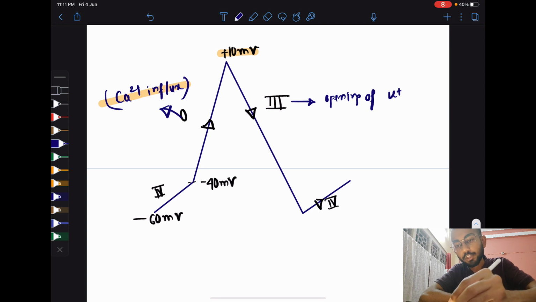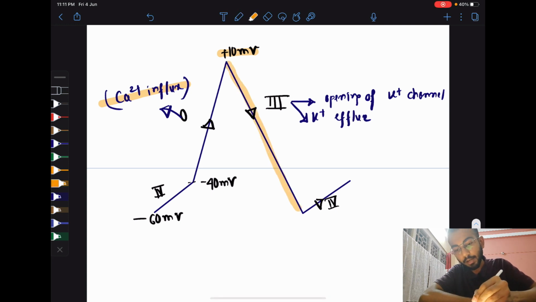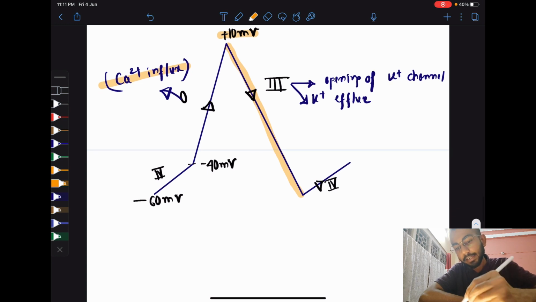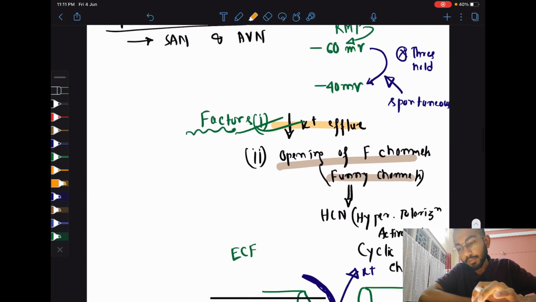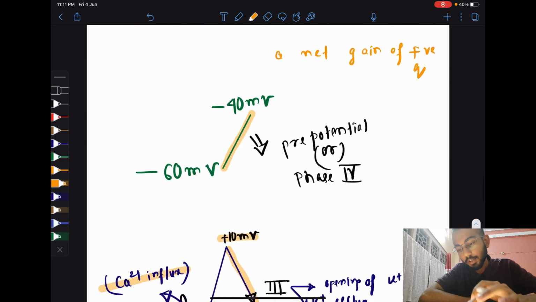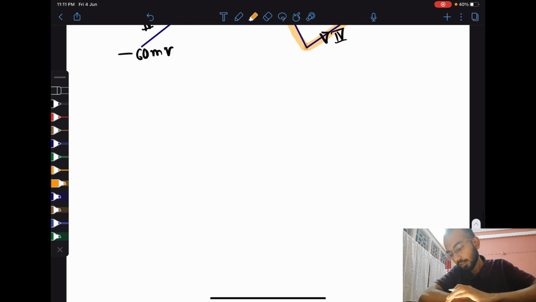Opening of potassium channel will lead to what? Potassium efflux. Now, if potassium efflux will take place, then there will be loss of positive charge leading to the declinement of the graph, right? And then again, the phase 4 is seen, whose reason or logic has already been discussed in the form of 3 points, isn't it? So this is what your pacemaker potential is, right?